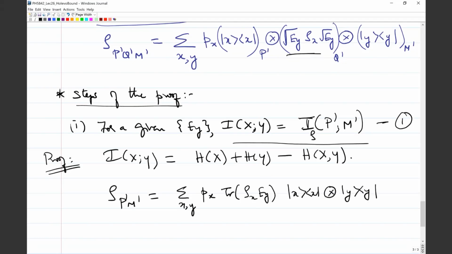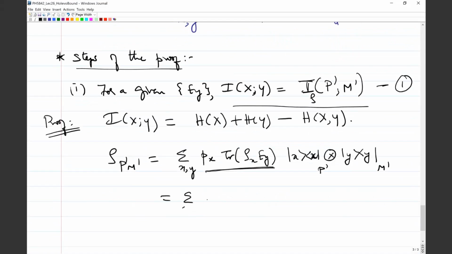So effectively, these are two classical systems. This is the p prime and this is the m prime, which are coupled according to this joint distribution. But note that this trace rho x Ey is nothing but the conditional probability of getting y given x. So this is nothing but the sum over x, y of px times p(y given x).